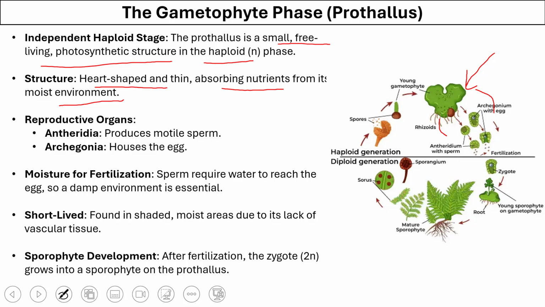When there are moist conditions, the sperm can swim to the egg, leading to fertilization. Gametophytes are usually short-lived structures that are found in shady areas because they do not have vasculature of their own. The sporophyte is the main structure of pteridophytes, and the sporophytes are formed by the fertilization of these gametes and growing up of the zygote.